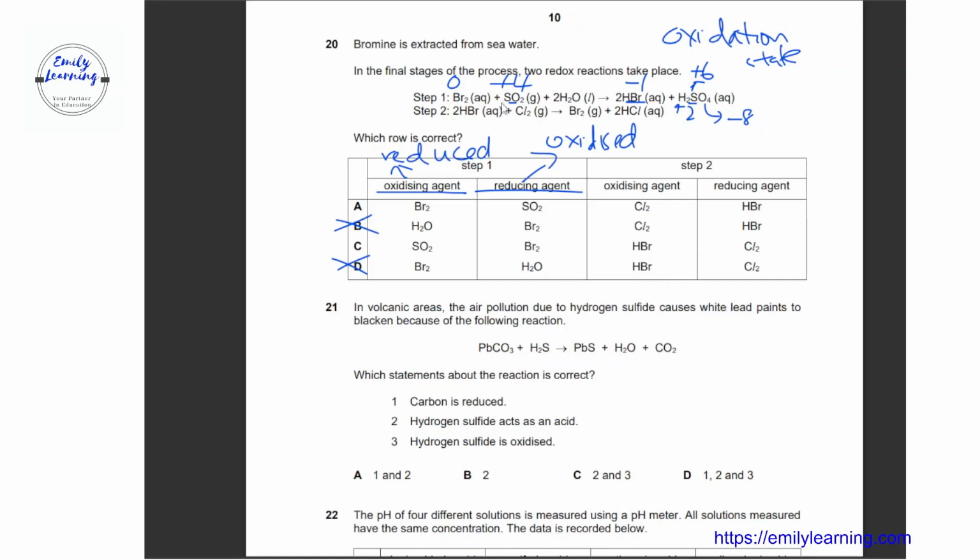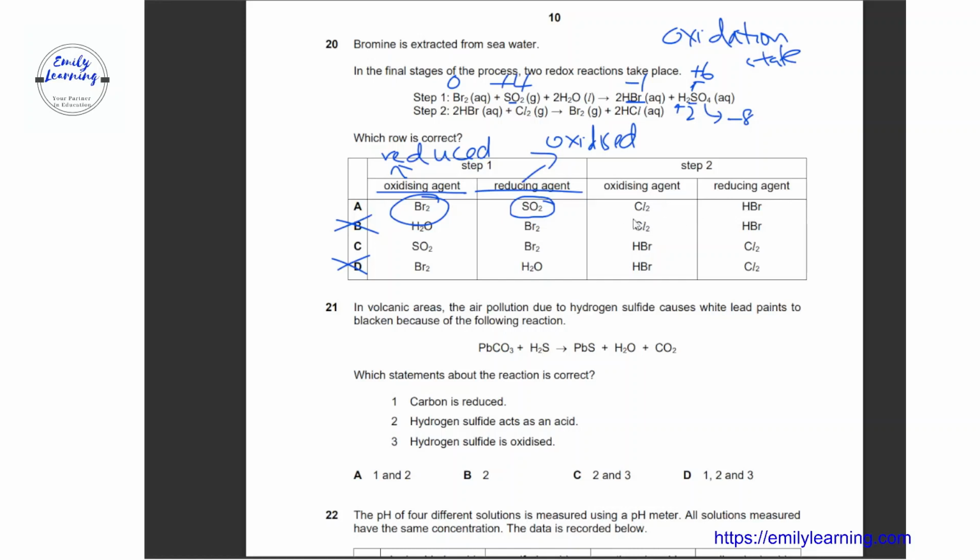So sulfur is being oxidized because its oxidation state increases from +4 in SO2 to +6 in H2SO4. So therefore SO2 is being oxidized. It is the reducing agent. Okay, and Br is being reduced. So the oxidation state of Br decreases from 0 in Br2 to -1 in HBr. So it's an oxidizing agent. So the answer is A, right?